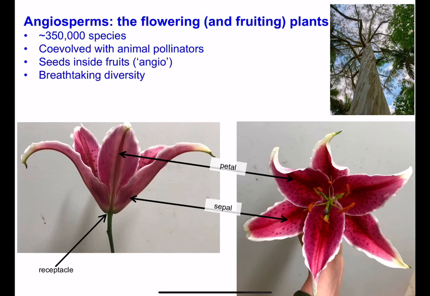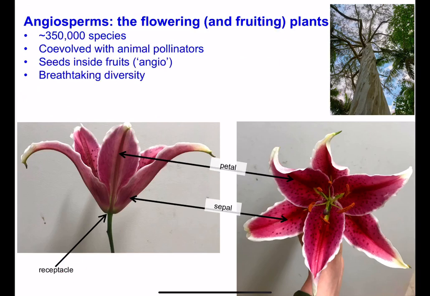We call angiosperms the flowering plants, but really that's only half the story. Angiosperms are also known as the fruiting plants, because everything that is a fruit was at one point a flower, and everything that is a flower will at one point become a fruit. At least part of it will become a fruit, even this lily you see in the picture below.